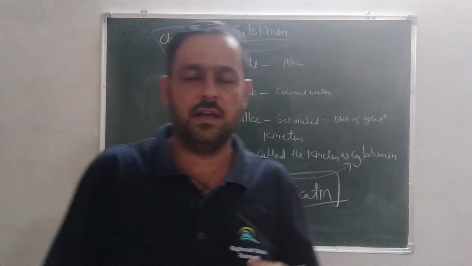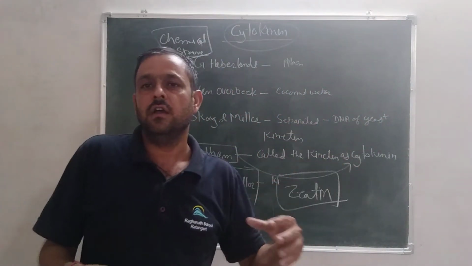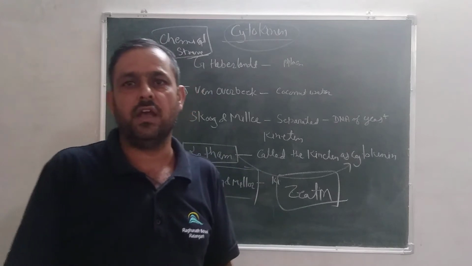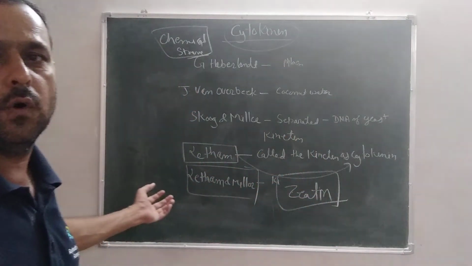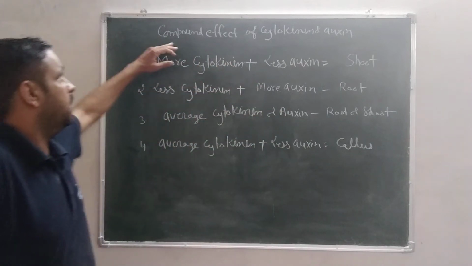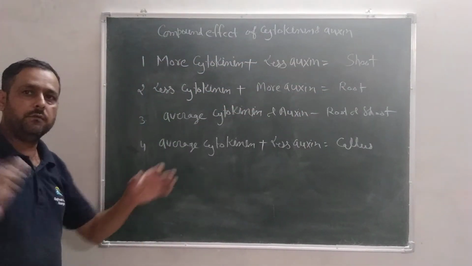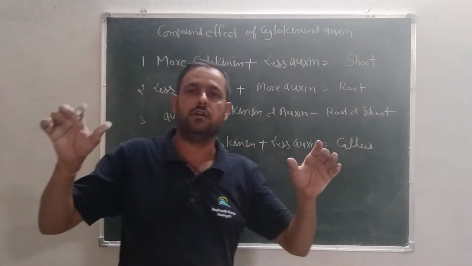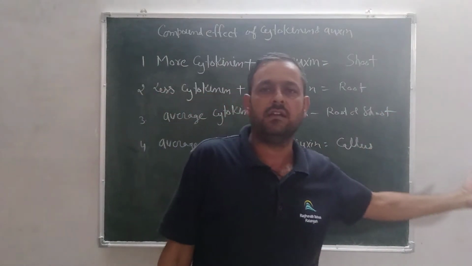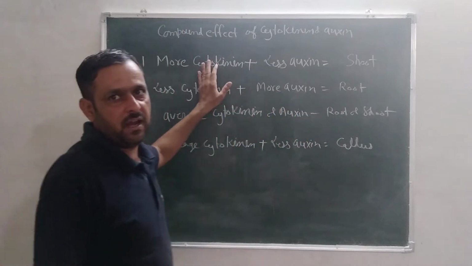Now we can see the composite effect of cytokinin and auxin as follows. The combined effect of cytokinin and auxin on plants. Whenever we mix both hormones in different quantities, different effects are shown. I write on the board.